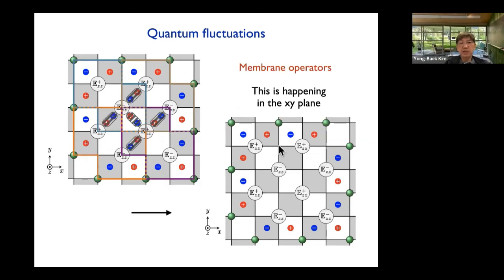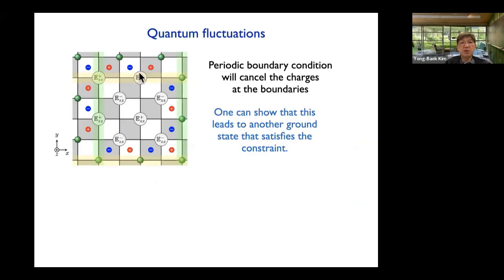If you keep doing that, you end up with a membrane-like object where you only create excitations at the boundary, and in the center of the membrane there is no excitation. This happens in a two-dimensional plane. Now when you push all of these charges to the boundary and apply a periodic boundary condition, you can cancel all of these charges.